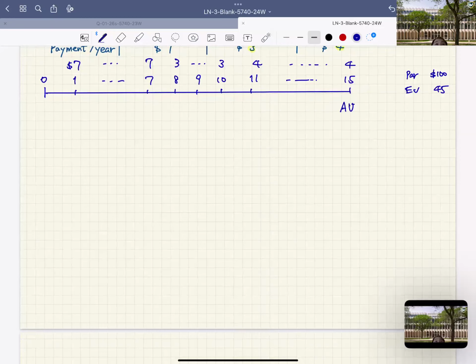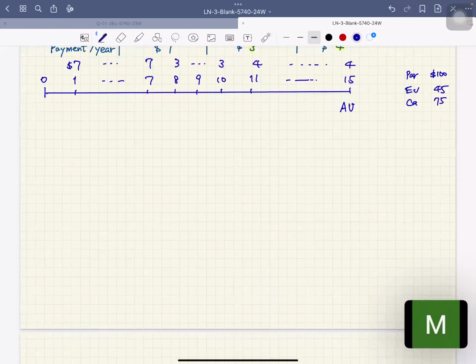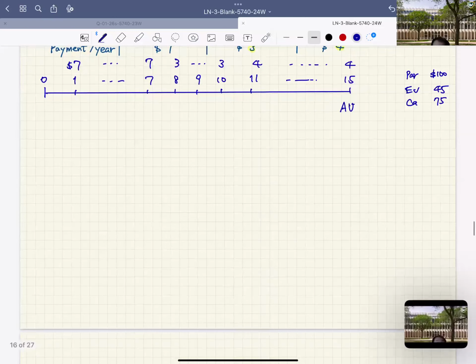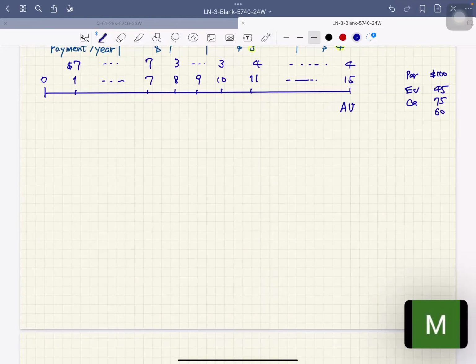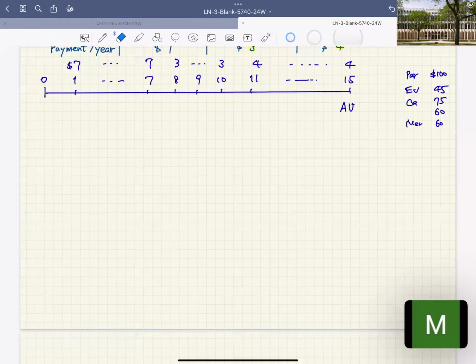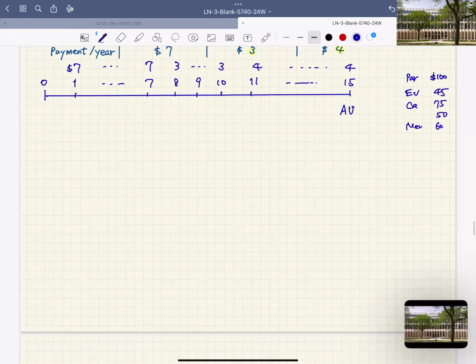Any others? Caitlin, 75. Lex, 50. Okay. 60. Sorry, 50? 50, sorry. 60. Okay. Lex, you said? No, I'm Miriam. Oh, Miriam. Lex, 50. Okay, let me guess.